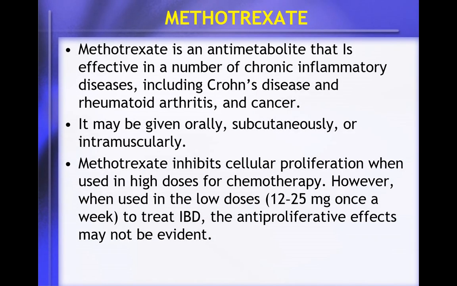The next drug, methotrexate. It is also given to suppress the immune system. Methotrexate, which is an antimetabolite, is effective in a number of chronic inflammatory diseases, including Crohn's disease, along with rheumatoid arthritis and cancer.